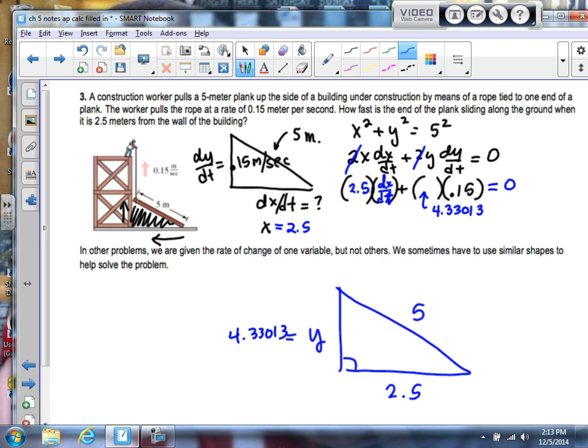I'm going to subtract that over. I'm going to divide by 2.5. So you get dx over dt is equal to negative 0.25981. So like negative 0.260. And then it's in meters per second.